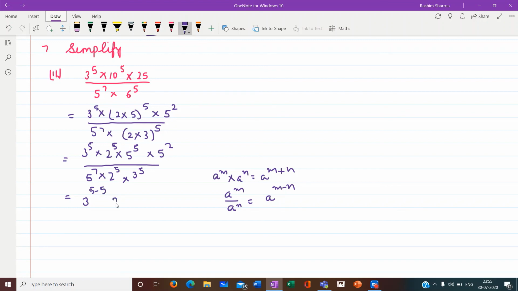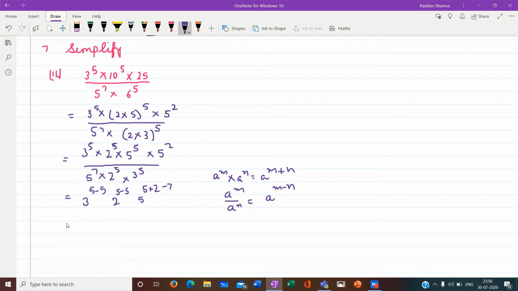Now comes 2. Here 2 raised to power 5 in the numerator, 2 raised to power 5 in the denominator. So here powers also get subtracted. Here we have 5 raised to power 5. In multiplication it is 5 raised to power 2. It means this power will be added, and 5 raised to power 7 in the denominator means in division, so minus 7.